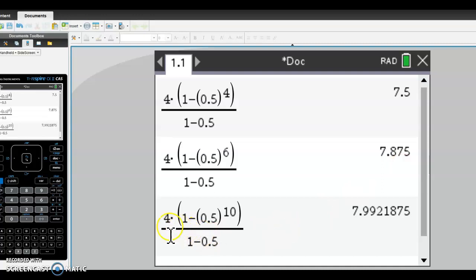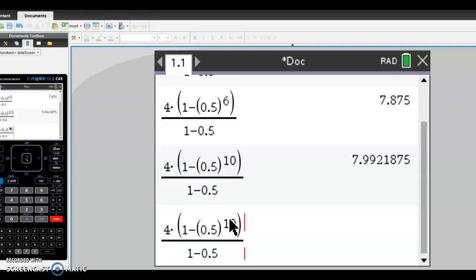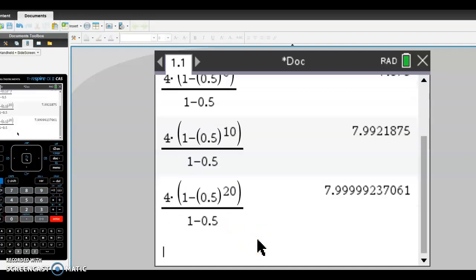When you're doing this, you can save a little time by simply highlighting the entry and hit enter, and then go back in, and since the last one was 20, we can change that and quickly get the answer. Now look at the results.